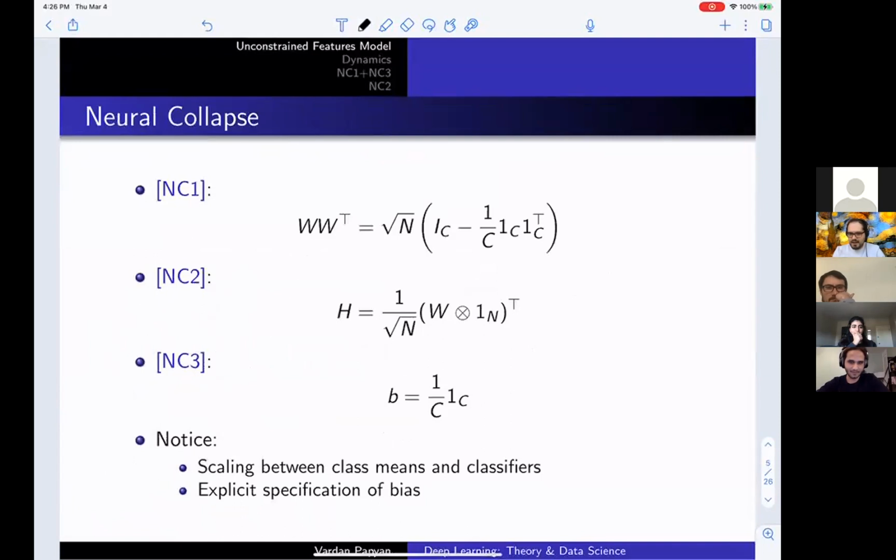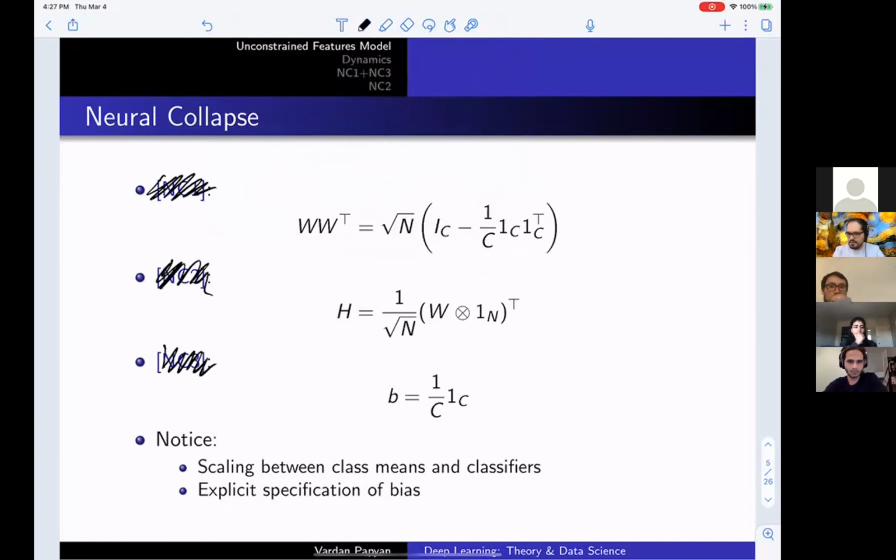Now, how would we know if we obtained neural collapse in this model? They say that neural collapse is equivalent to these 3 properties. The first property says that W W transpose is equal to a scalar times an identity minus 1/C 1 1 transpose. Can anyone tell me what this means? Please ignore these things, this is a mistake.